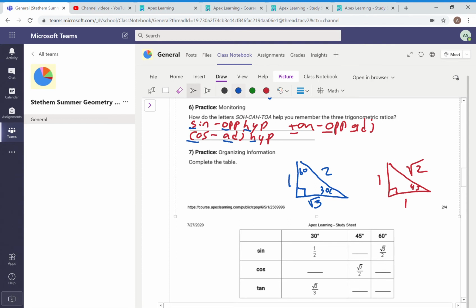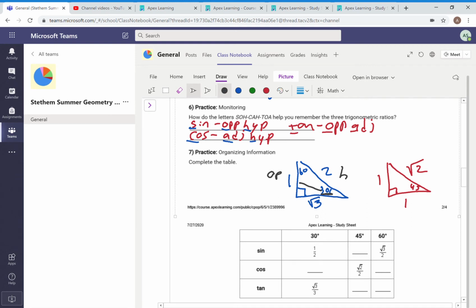And what we can do with these is, given different things, we just want to set it up. So this is asking about, if I had a 30, 60, 90 triangle, just a basic one, and I want to know the sine of 30. Well, from 30, 1 would be my opposite, and my hypotenuse is 2.